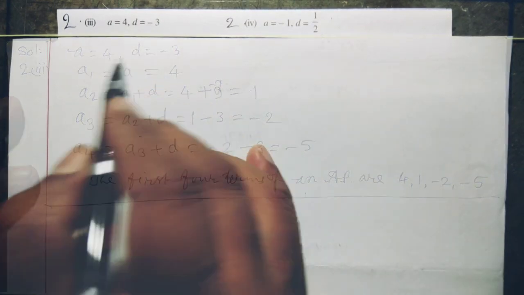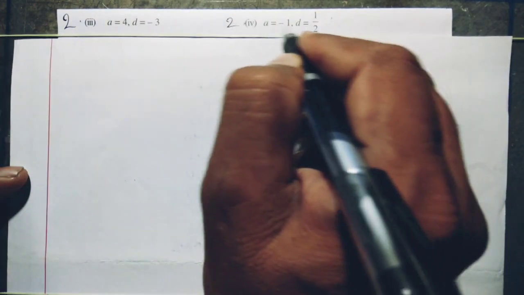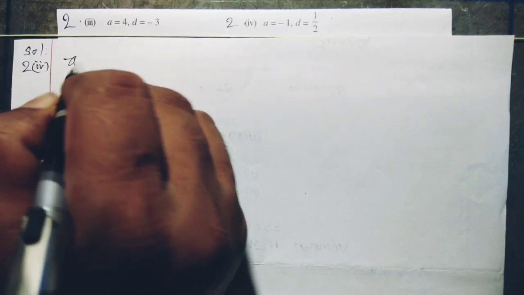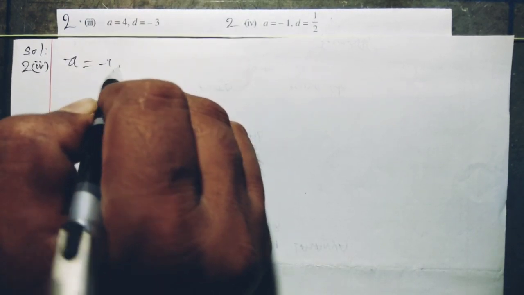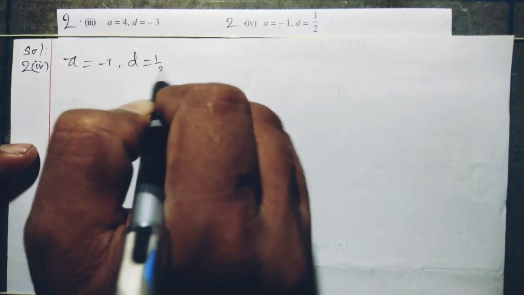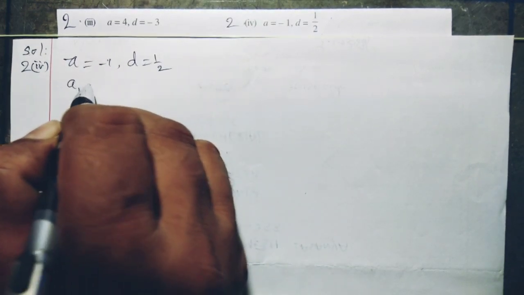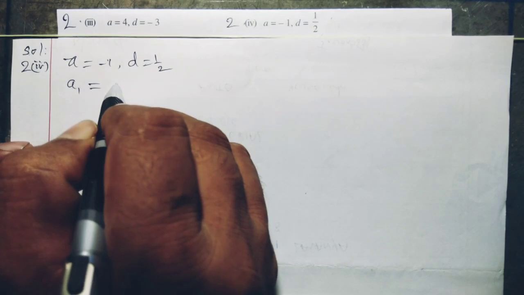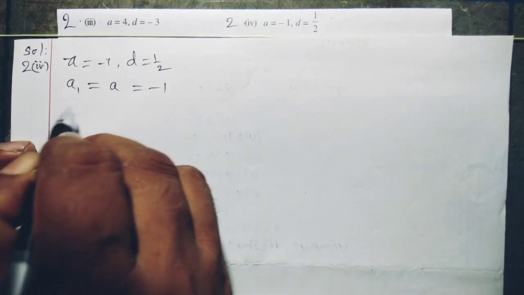Second bit, fourth problem, A is equal to minus 1, D is equal to 1 by 2. Solution for second bit, fourth problem. Given A is equal to minus 1, D is equal to 1 by 2. So first term A1 is equal to A, that is equal to minus 1.